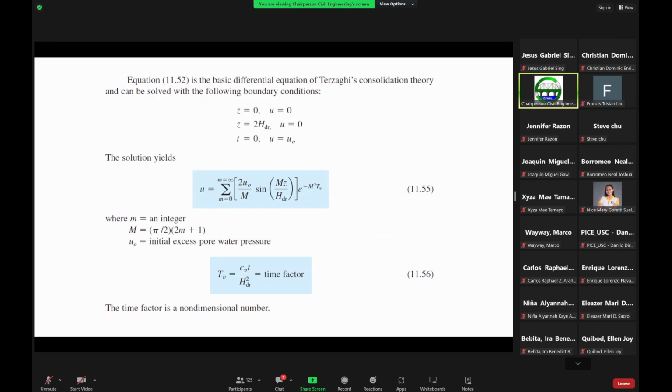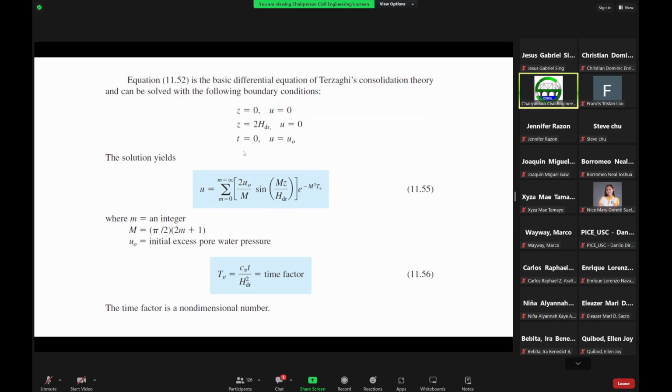If you try to recall your subject in differential equations, we can normally solve a differential equation if we have boundary conditions. So here for our boundary conditions, if Z is equal to 0, then the excess pore water pressure is 0. If Z is equal to 2 HDR, then the excess pore water pressure is also 0.